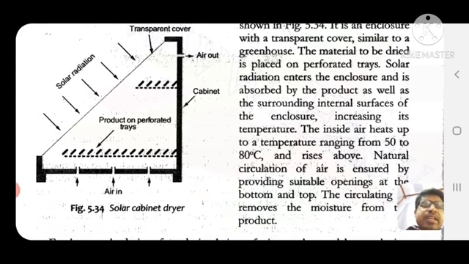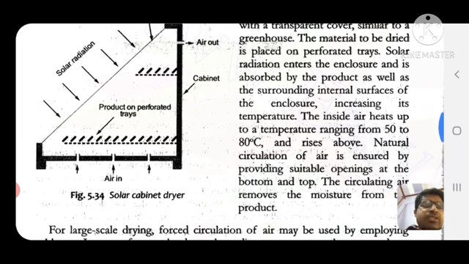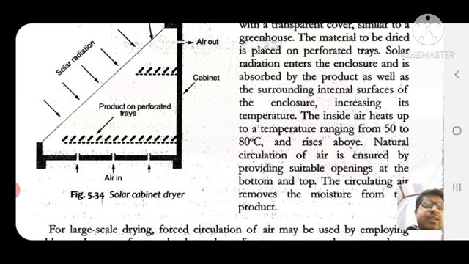In the solar cabinet dryer diagram, one line is the solar radiation, and the others are the product on perforated trays, the cabinet, air out, and the transparent cover. The inside air heats up to a temperature ranging from 50 to 80 degrees centigrade and rises.